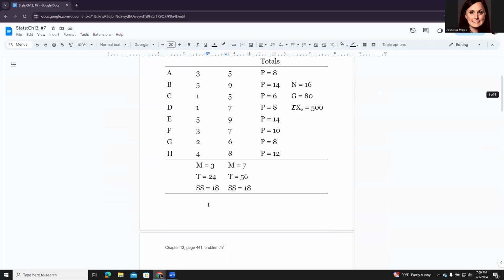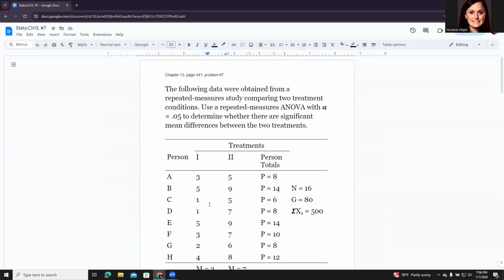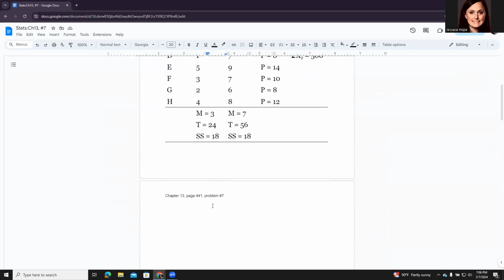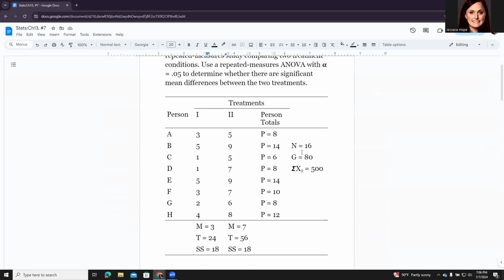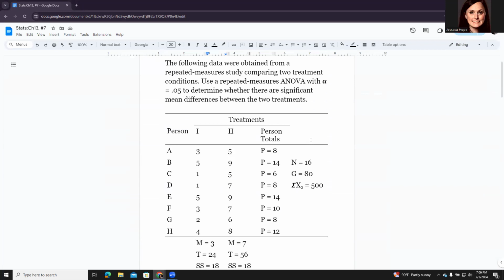So there's a lot of steps to this, and the way that I do it is typically just start with what I'm looking for. This is a repeated measures ANOVA. You're going to have an F value that you are going to compare to the F distribution table on page 653 in Appendix B. You need an F value in order to determine if it is within the critical region or not.